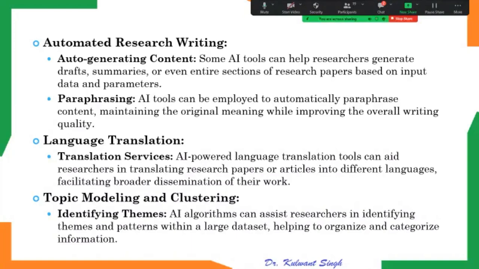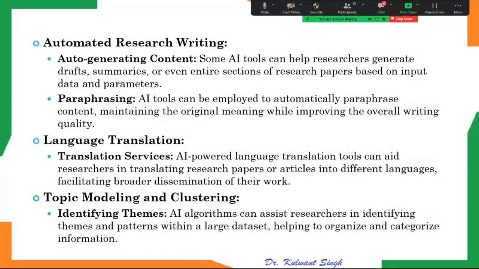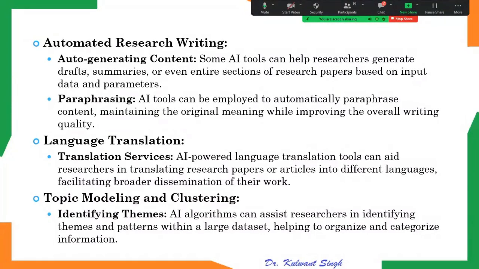We design our research, start our experiment work, and we get the data under different heads, then identifying the pattern is very difficult. But these days AI tools make this task very easy. This pattern identification will help the researchers to organize and better present the information under the different categories.